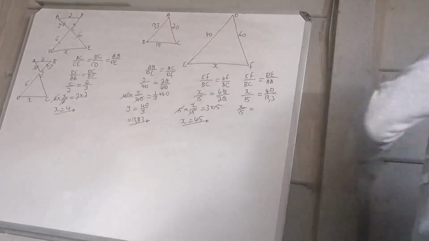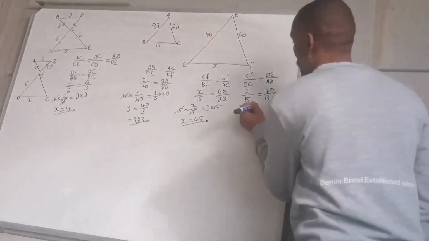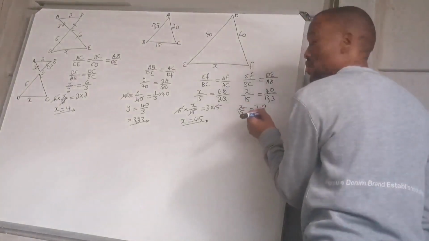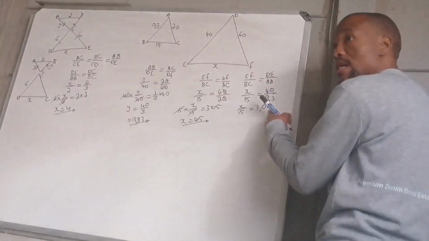It is 13.33333, not a rational number, and it gives 3.000, which is approximately 3 as a whole number.